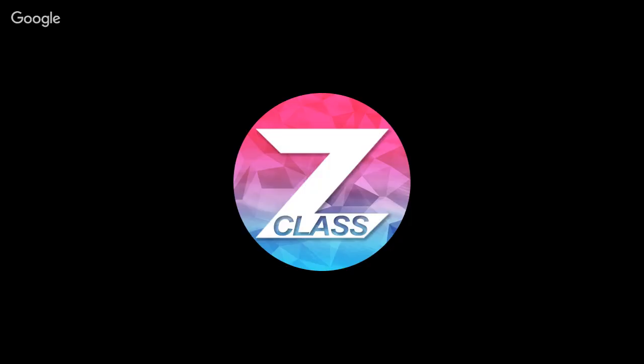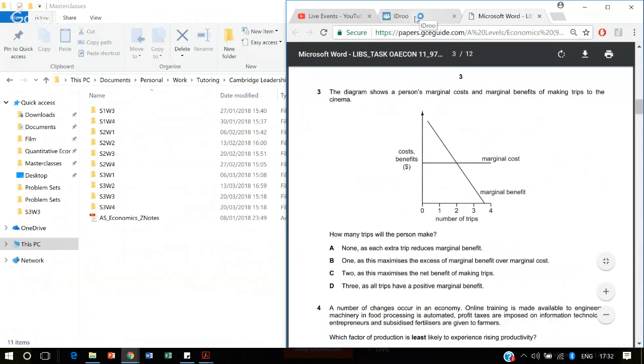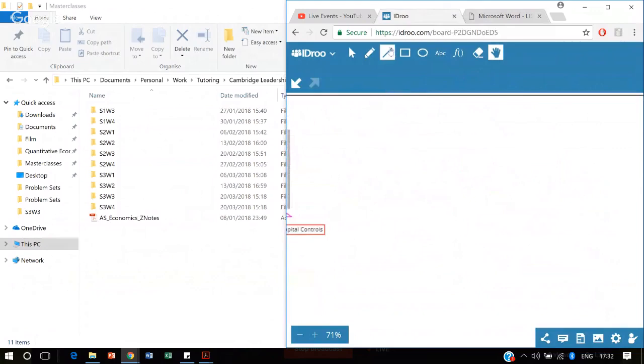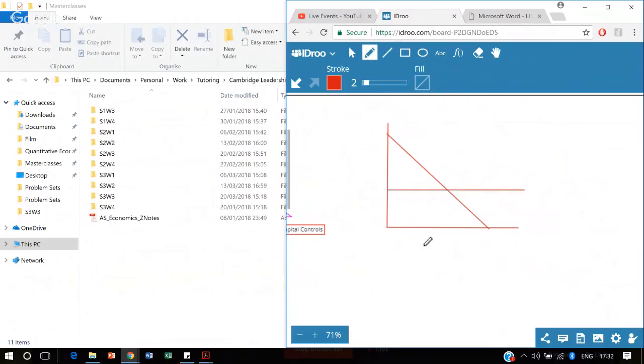Mm-hmm. So we have a benefit, we have a cost, and this is 1 and this is 2. The benefit here is that much, and it only costs you that much, so you get all this extra.